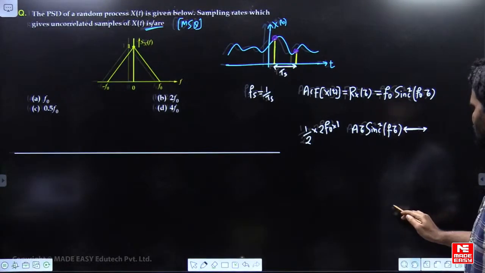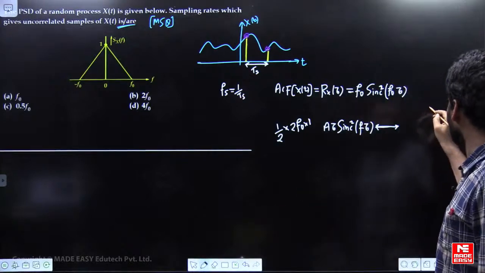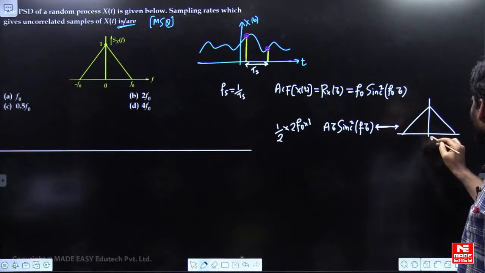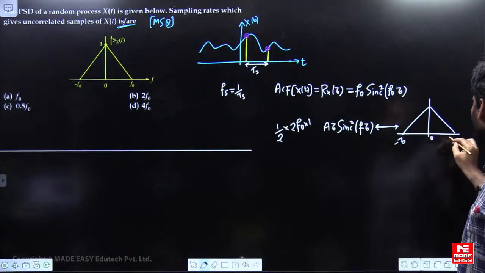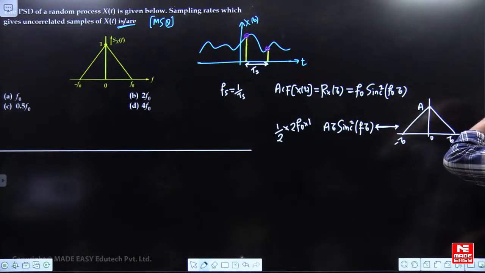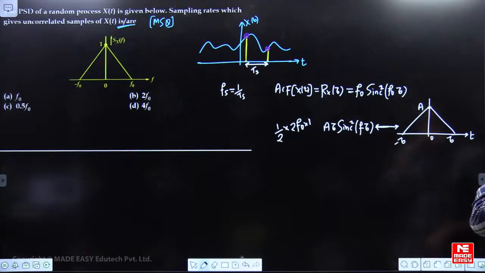The inverse Fourier transformation of this will be a triangle, from minus tau to tau with respect to t. The height will be A. This is the inverse Fourier transformation of A tau sinc square f tau.